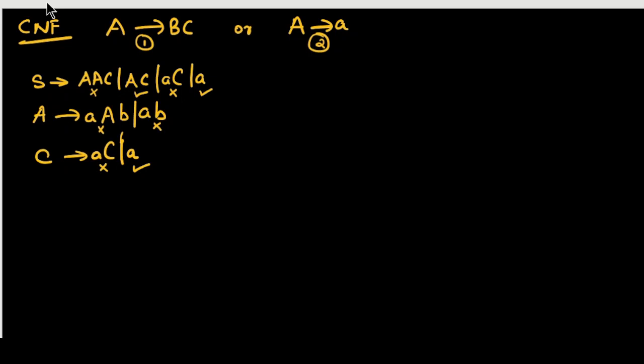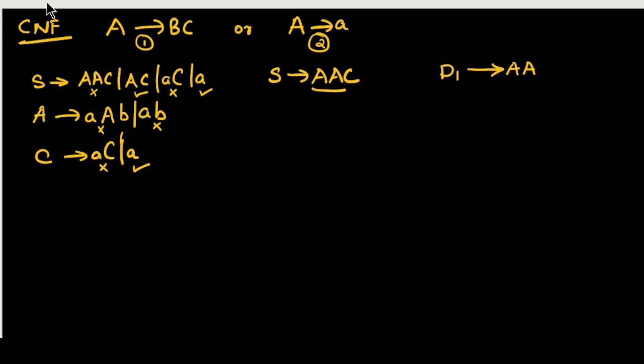Okay, so first let us take this first production. S gives AAC. Okay, so there are three variables. We have to reduce it into two variables. So what we do is, one possibility is take out these two expressions AA and let me initialize another variable D1, and D1 is given as AA.